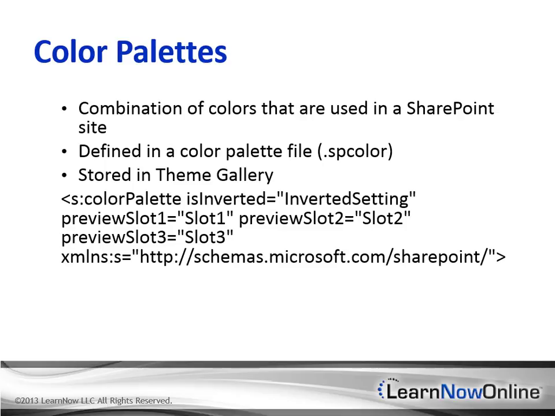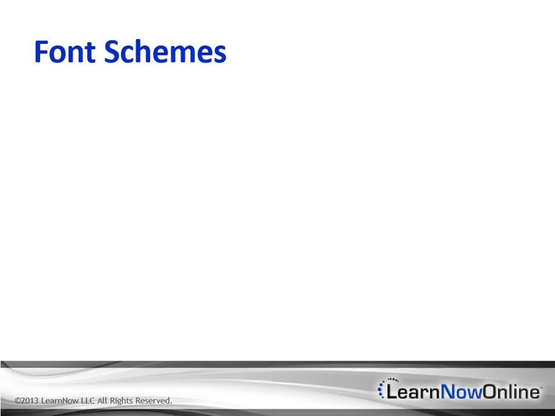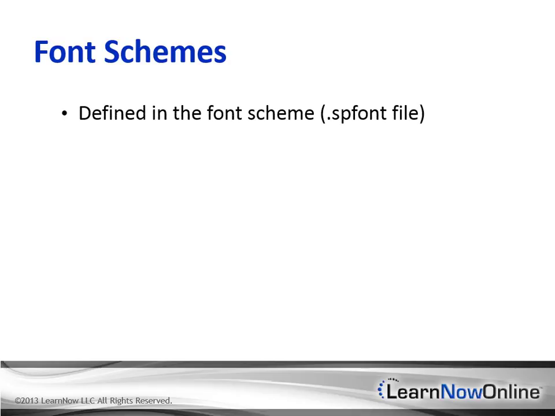There's the basic syntax of the color palette element, and it shows the different preview slots that are available. So here's an example where we have color slot, name equals color slot, value equals color. We'll take a look at that again a little more closely when we get to font schemes.